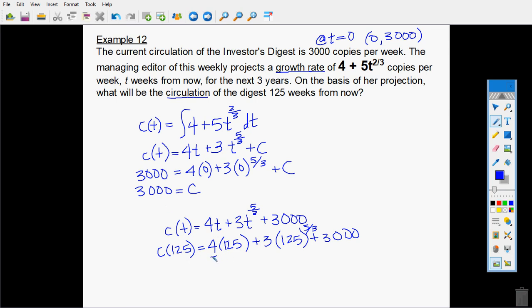So this is 500. And what we should get is that my circulation at 125 weeks is 12,875 copies.